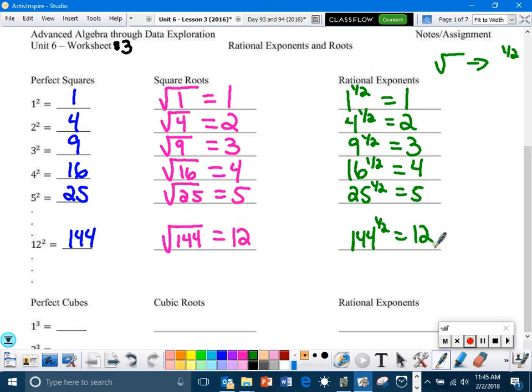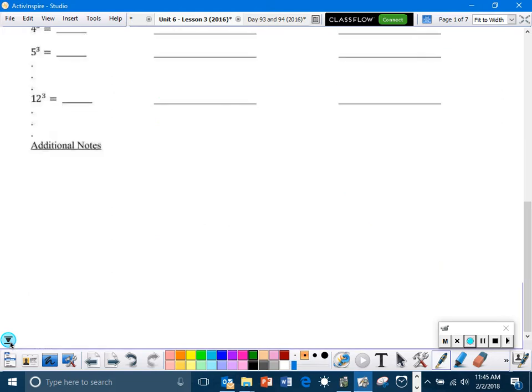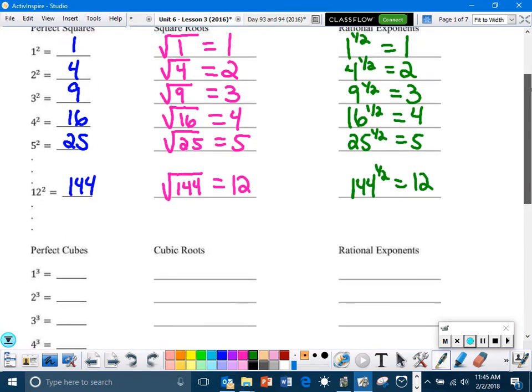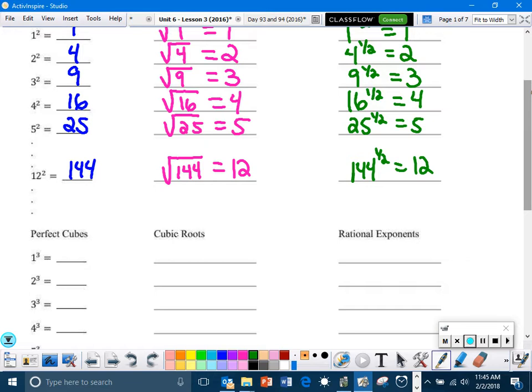Something that is very, very important, though, when we're using the calculator. Okay, so we need to write this down.